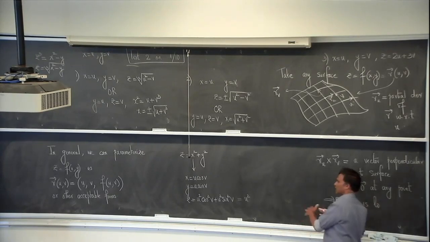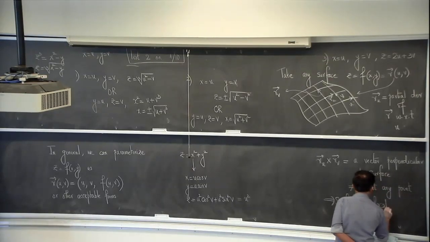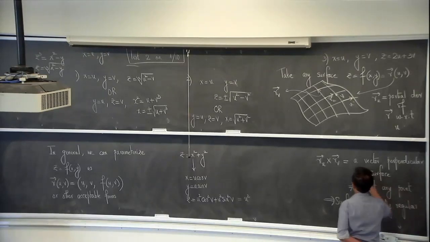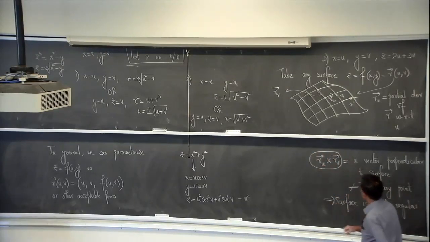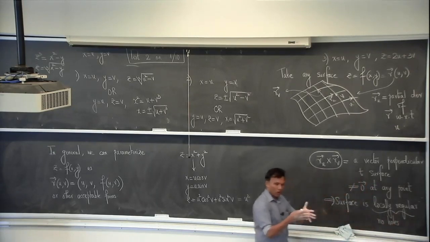It's just a fancy way of saying it's continuous. There is no gap or hole anywhere on the surface. The surface is locally regular if and only if the cross product of the partial derivatives is not equal to the 0 vector at that particular point. So again, this means that the surface is smooth, with no holes or gaps or sharp corners or anything.